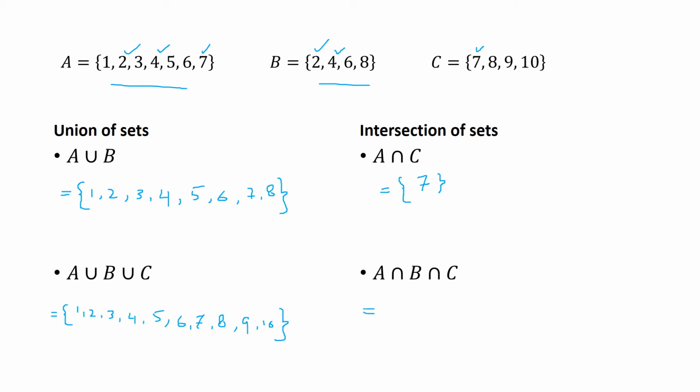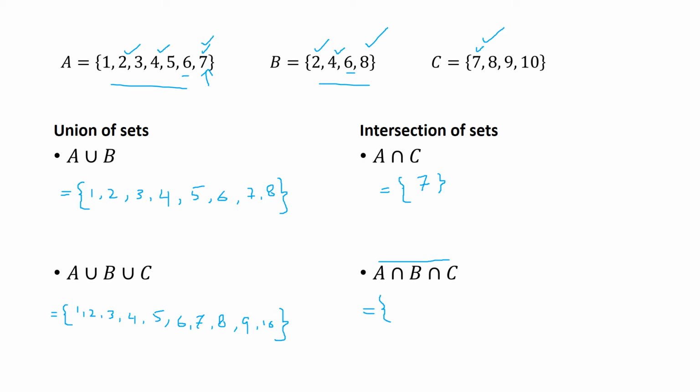Intersection is the common elements in all three of A, B and C. So what looks common? 7 is here, 7 is not here, 7 is there. And here it was 6, but 6 is not there. So there is not a single number which lies in all of them.